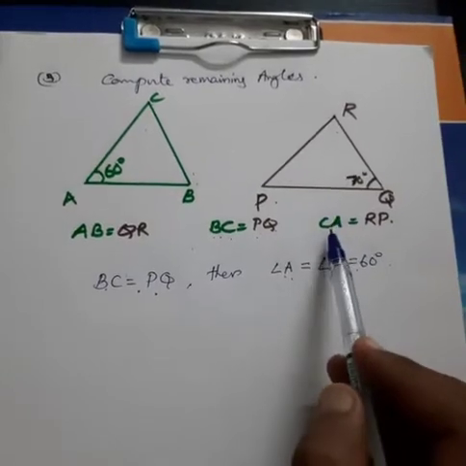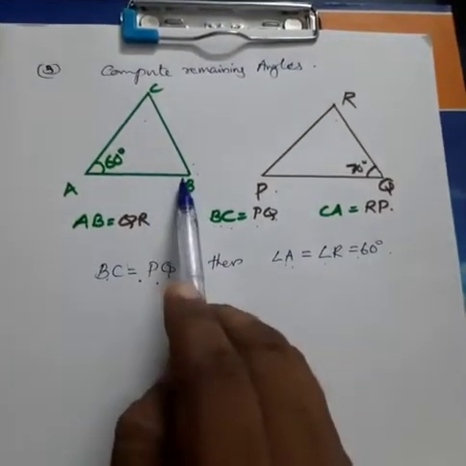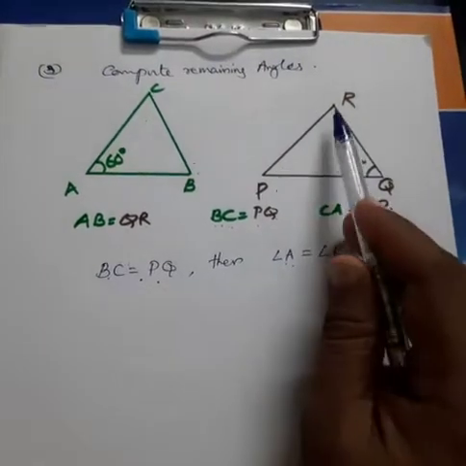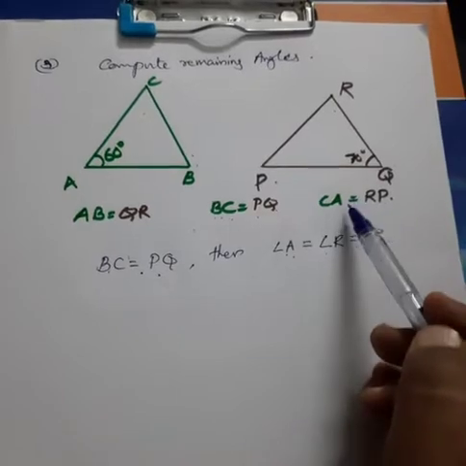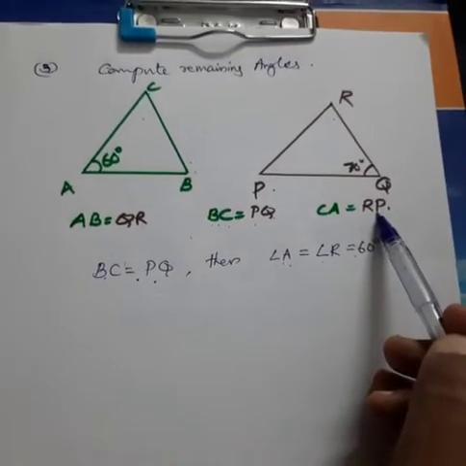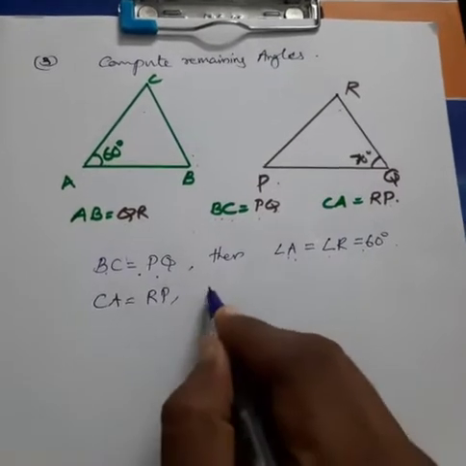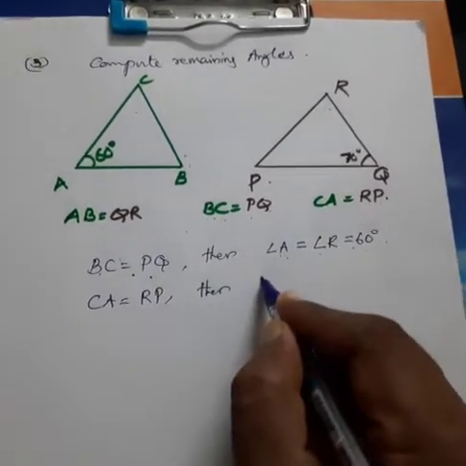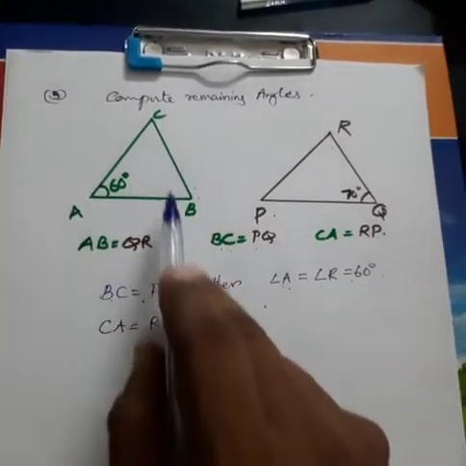See the next pair, CA. The opposite angle is B. RP. The opposite angle is Q. So angle Q is given. So you can find using this side. So you can do it. CA is equal to RP. Then the opposite of CA, what is that angle?